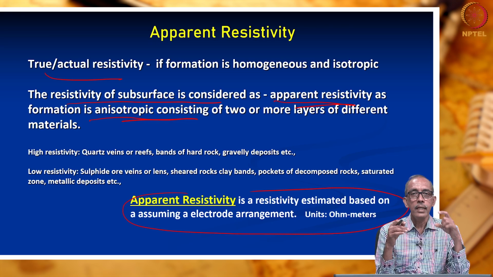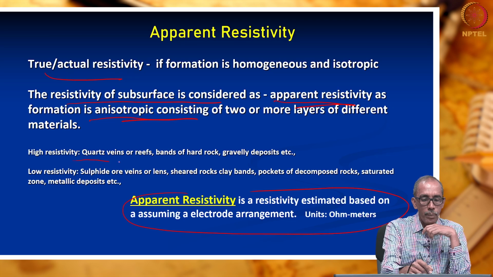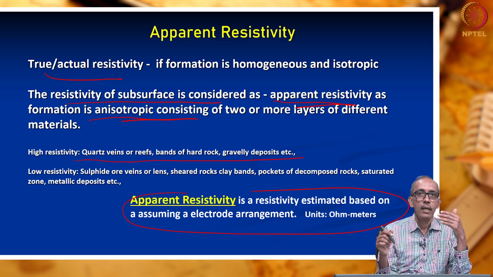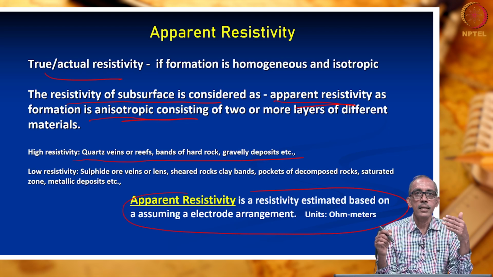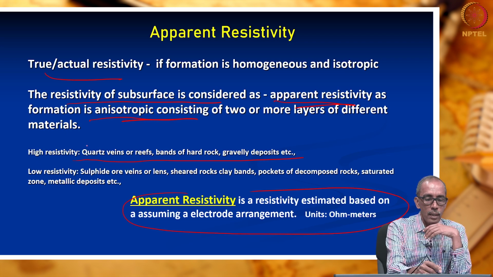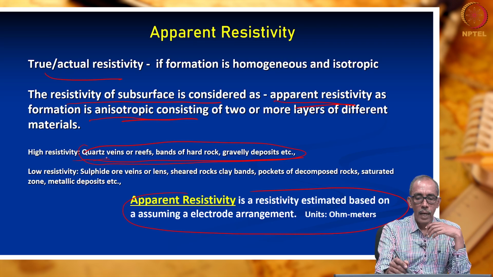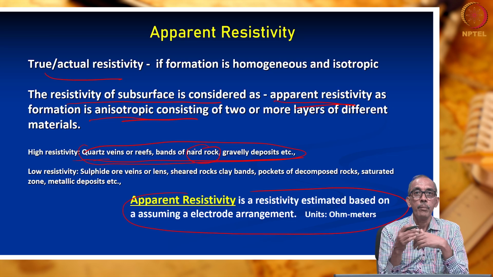And here let us also see how the subsurface of the earth controls the resistivity. Different media present below the surface are of different character. Accordingly, they conduct the current. If you look at these materials which I have written here, for example, quartz or massive rock, which we use for building purposes.